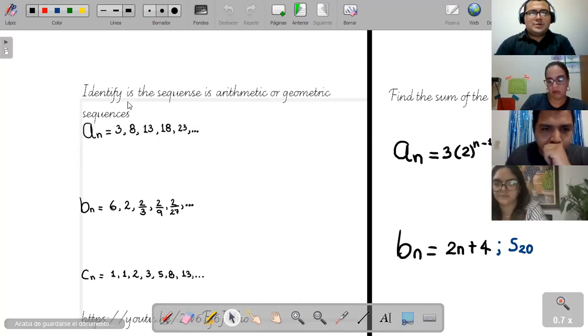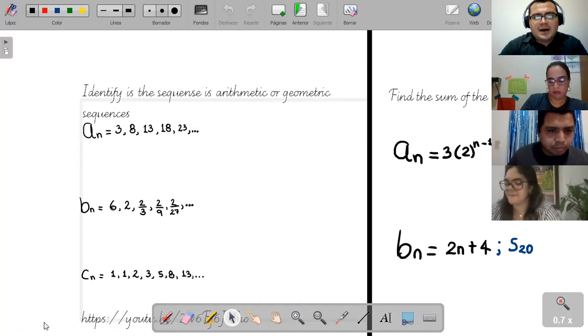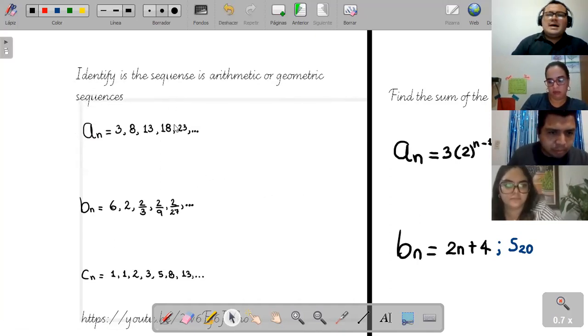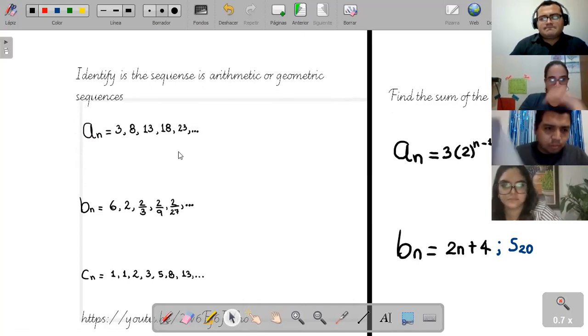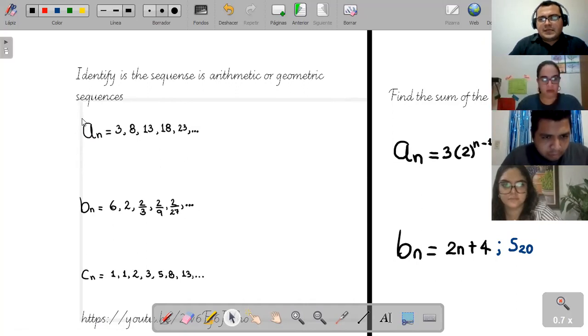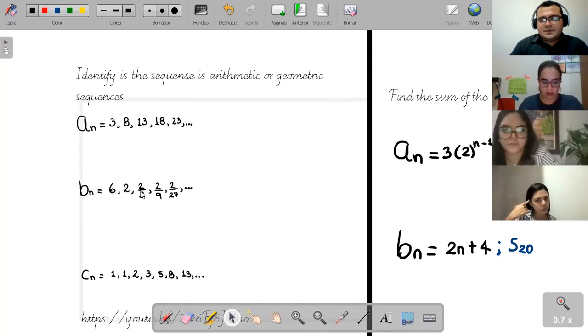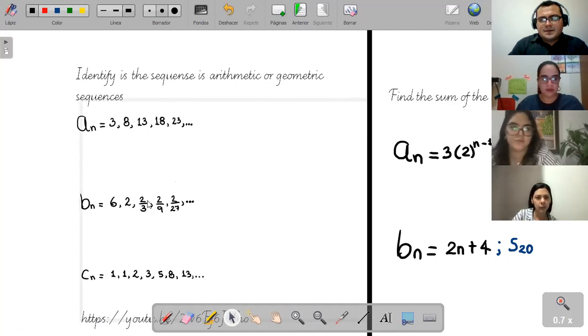Sorry, the instruction was wrong. That's what I need. How can you identify that? How can you be sure that you have a geometric or arithmetic sequence? For example, is the first one arithmetic or geometric? The first one is an arithmetic sequence. Okay, and why is it arithmetic?